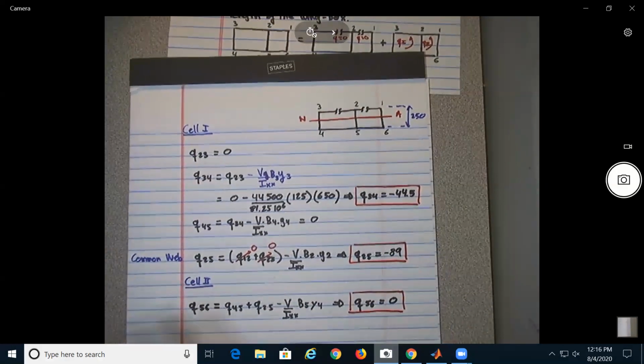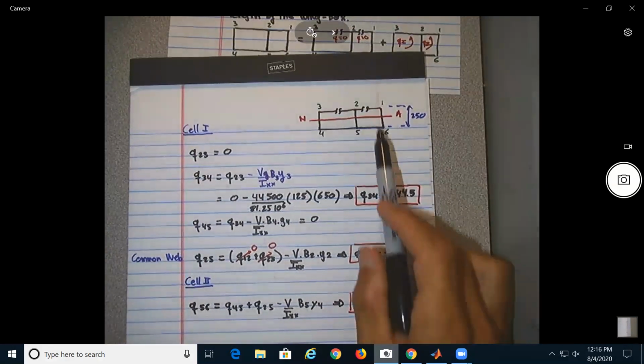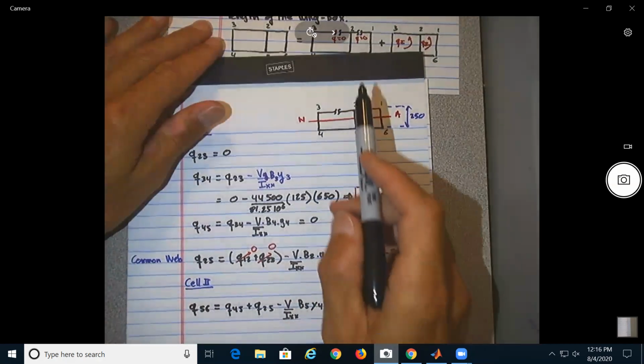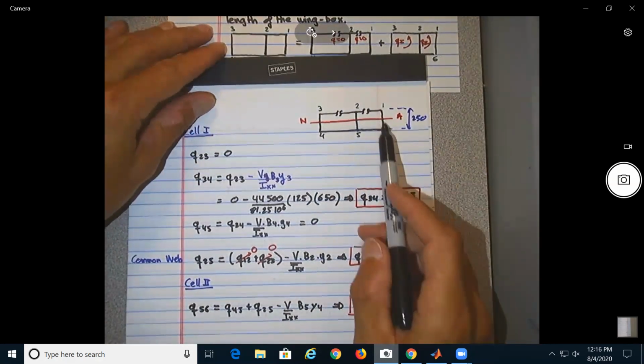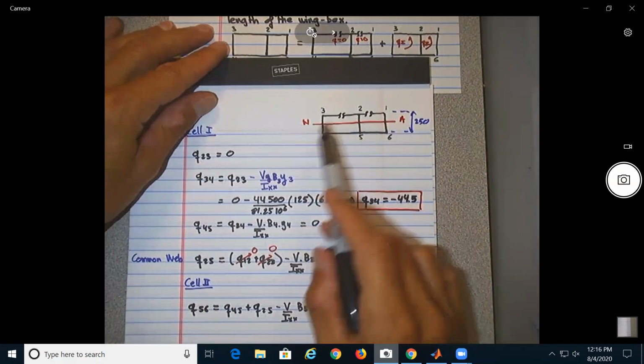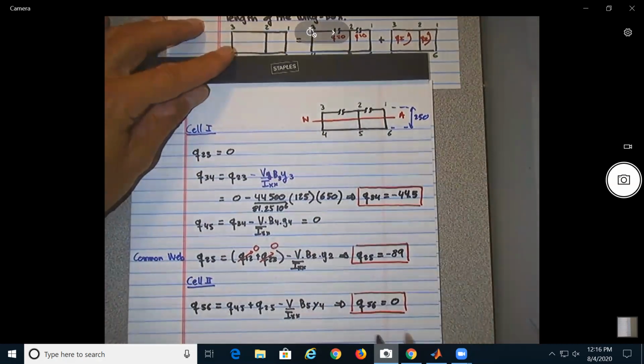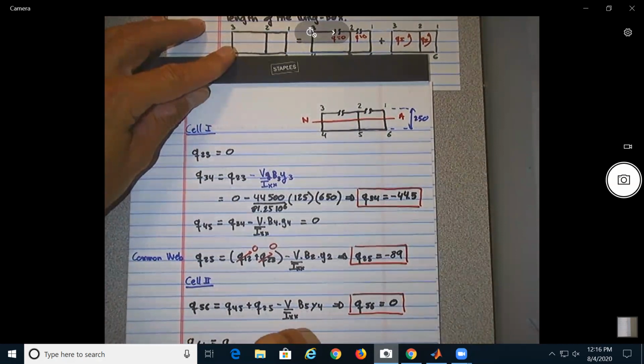Now we go to another vertical element. So this one should have a value, no? Because it is one of the members resisting the shear force in the vertical direction. So Q61 will be equal to Q56 minus V over Ixx D6 y6.